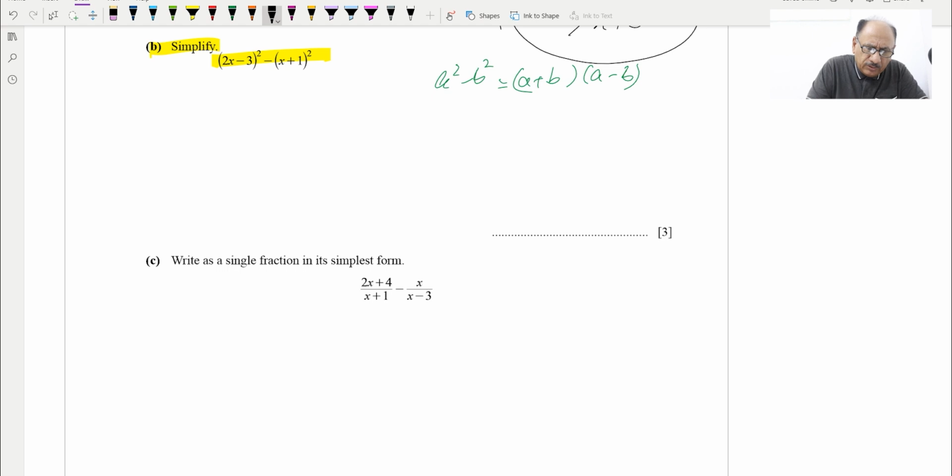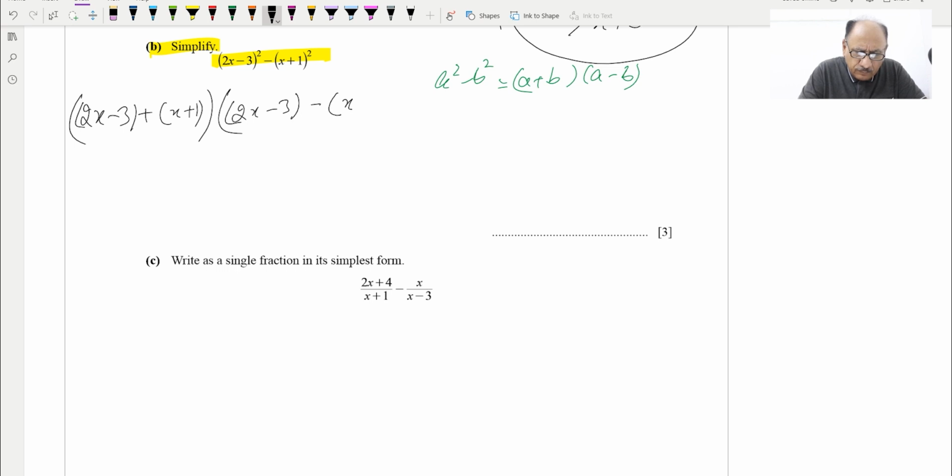The same formula we can use, we can write 2x plus 3 and plus x. I will put another bracket for your understanding, and x plus 1, and the second one we can write as 2x minus 3. It should be minus here, not plus.